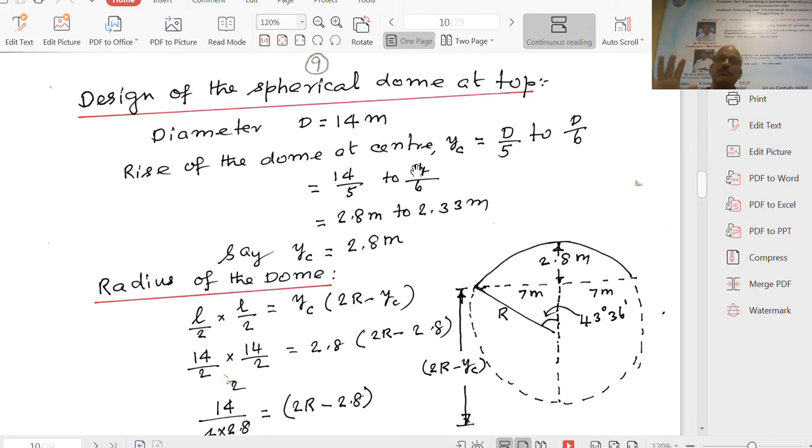Like that, compressive force will be transferred. So such a thrust is called meridional thrust: the force that is transferred from one ring to the other. It's a compressive force.